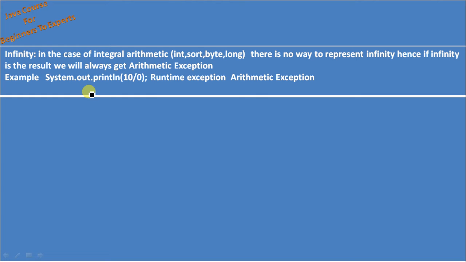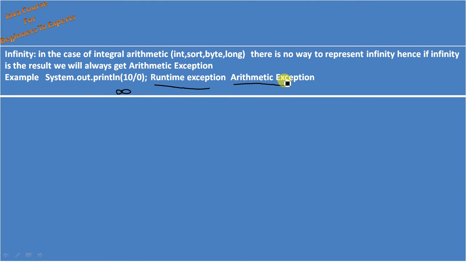If the result is infinity, then there is no way to define that infinity in integral arithmetic, so the result is arithmetic exception. It means if you divide 10 by 0, the result is infinity, but in integral arithmetic there is no way to define infinity. That's why it throws the runtime exception, which is arithmetic exception.